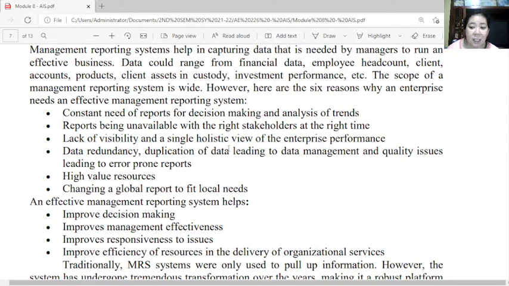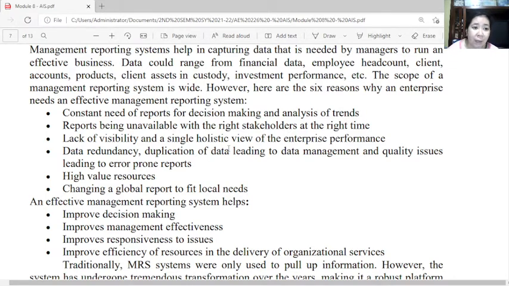Because of the many activities in an organization, reports may be unavailable to the stakeholders at the right time. So to address this problem, an effective MRS should be implemented. Again, stakeholders also need reports for decision-making purposes.